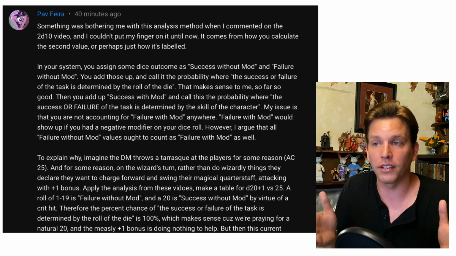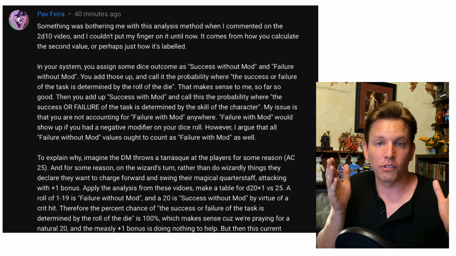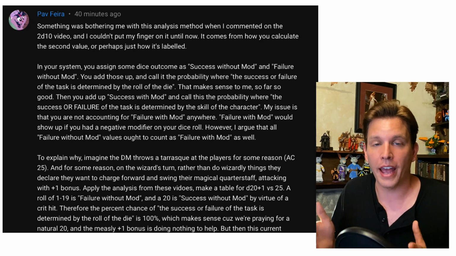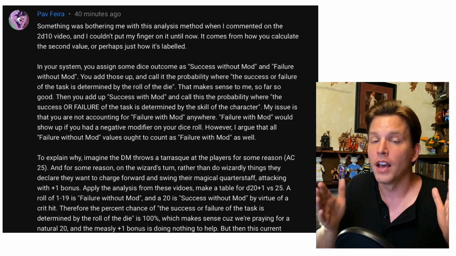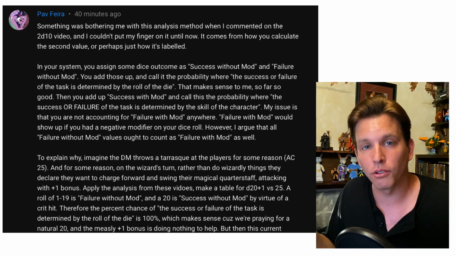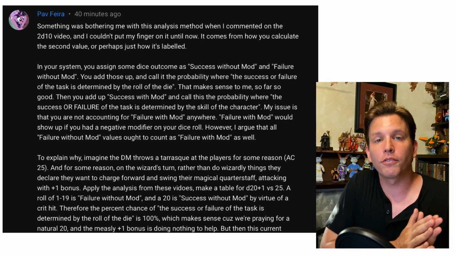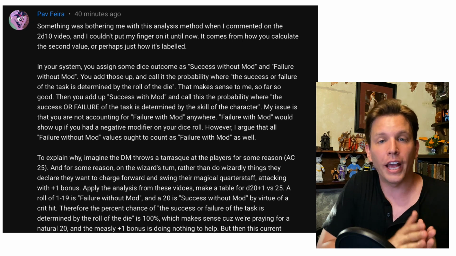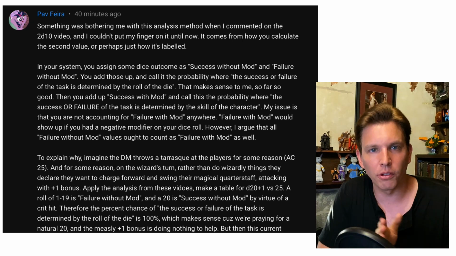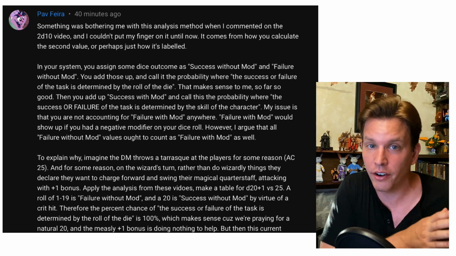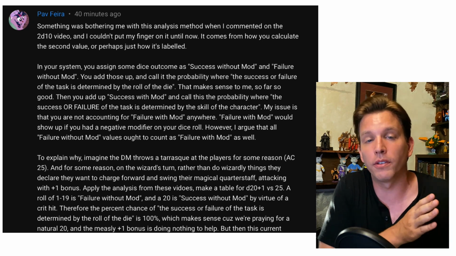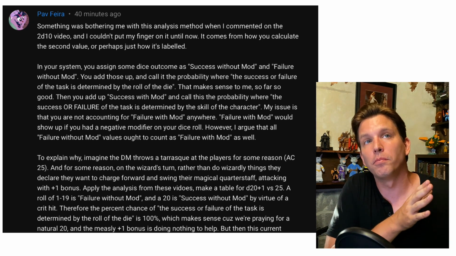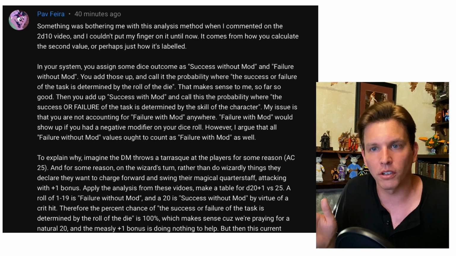So at the moment, yes, I did have this category that was the success or failure of the task being determined by the character, but in almost all of the examples that we've looked at, the modification of the character's skill has been positive. It's possible you would have a negative modifier, and therefore the character would contribute to failure, but that isn't most likely in most cases that we've been looking at here.